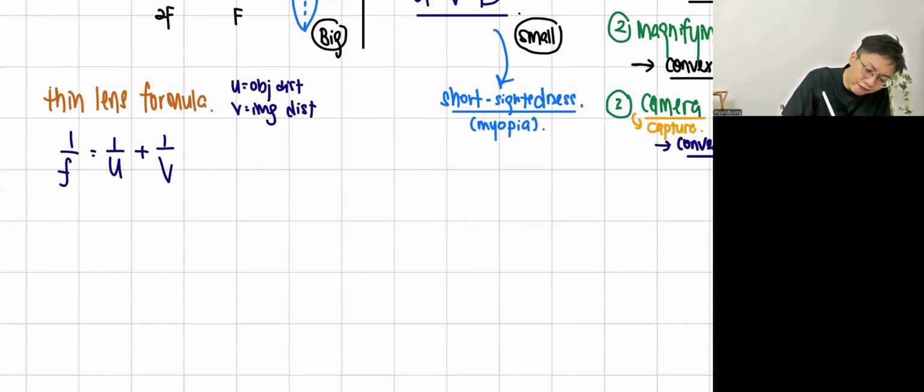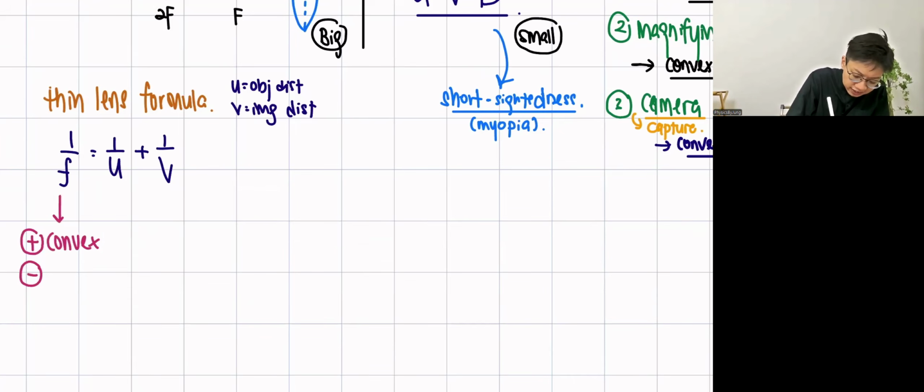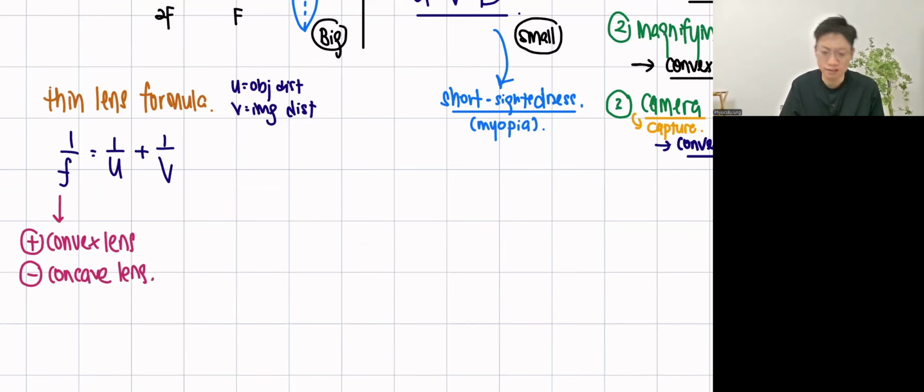And then your F has a pattern. If your F is positive or negative, it will be two different things. Usually, convex lens is positive, concave lens is negative.